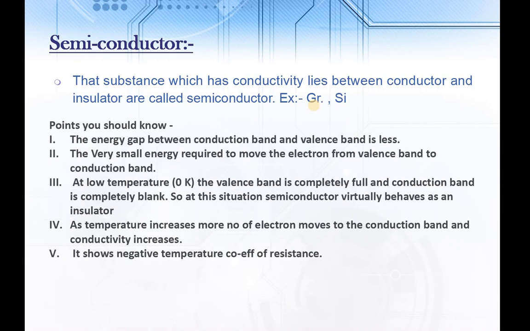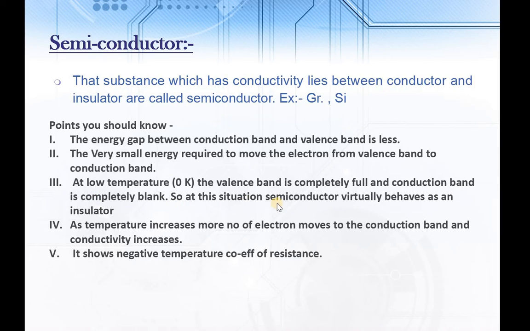Some important points regarding semiconductors which we should know are: first of all, the energy gap between the conduction band and valence band is less. Very little energy is required to move an electron from the valence band to the conduction band. At low temperature, meaning at 0 Kelvin, the valence band is completely full and the conduction band is completely blank.